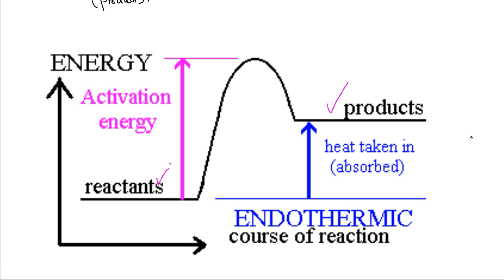So you can see that heat is taken in, the heat is absorbed, and that is why we can have a positive delta H. So when you take now H2 minus H1, we realize that is a positive value.